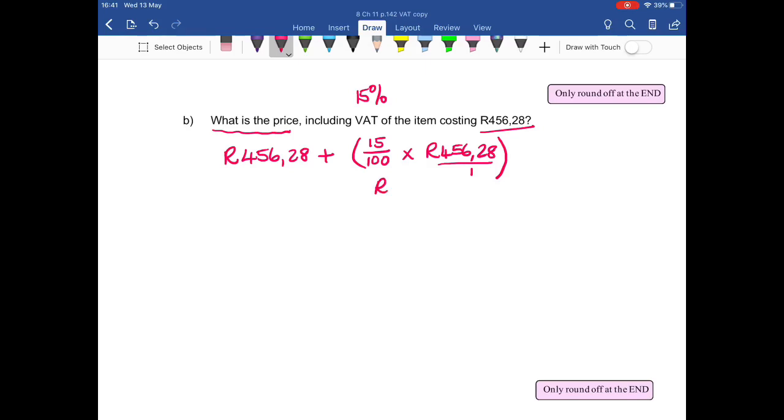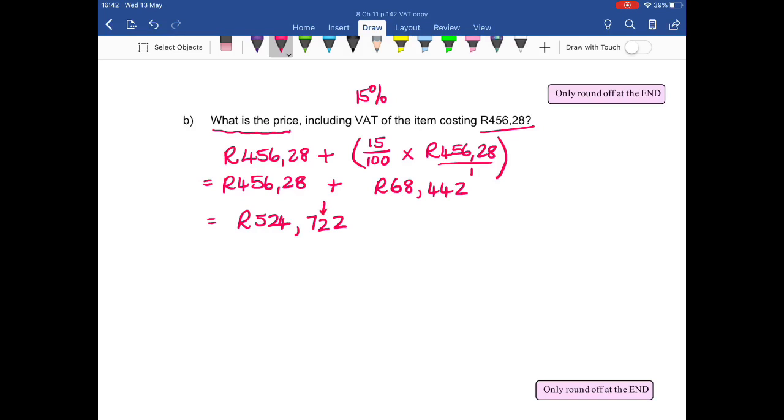So over here, you're going to get 68,442. Right, I've got to add that to the original price without VAT, so 456,28 plus 68.44 is going to give me 524,722.